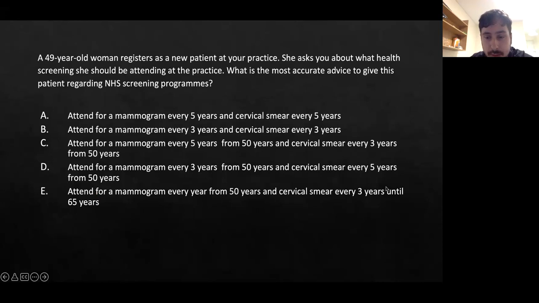Cool. Now for this next section, we're moving on to screening. So a 49-year-old woman registers as a new patient at your practice. She asks you about what health screening she should be attending. What is the most accurate advice you'd give to her regarding NHS screening programs?